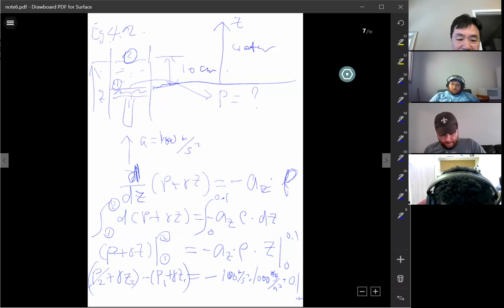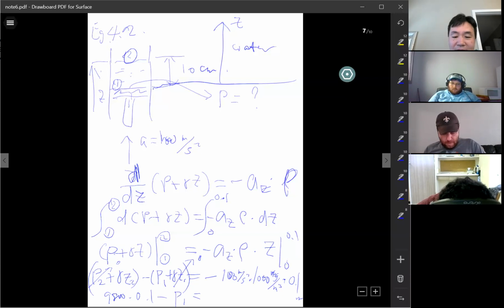P2 is 0 on the top surface, open to atmosphere. Z1 is 0 in the coordinate. So gamma, 9800, times z2, which is 0.1, minus p1 equals the right-hand side. So that equation only has one unknown, which is p1. You can calculate p1, the pressure on the surface of the piston.